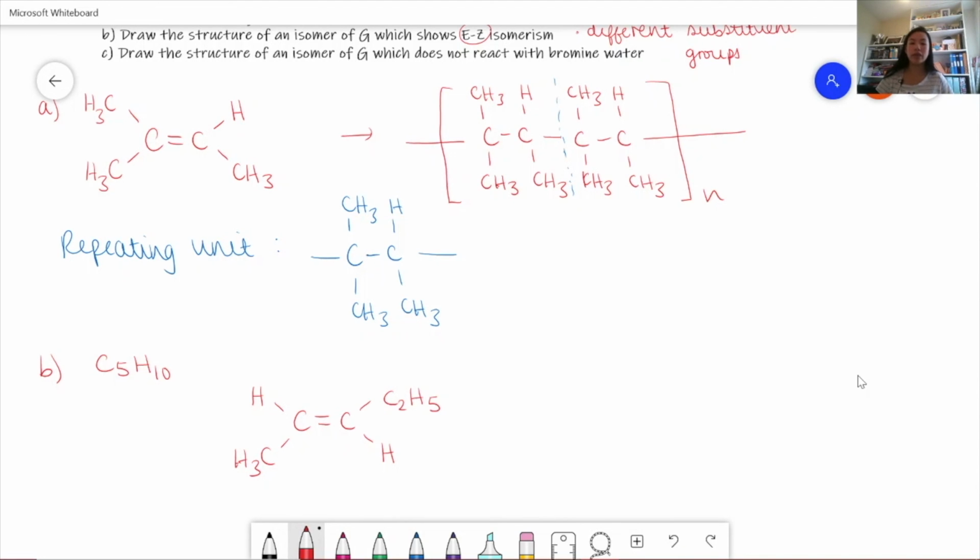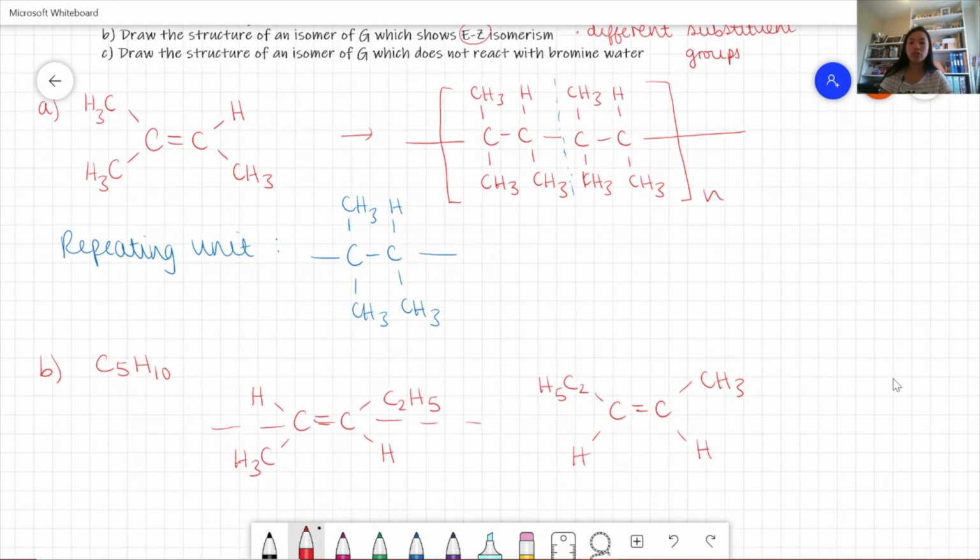So the way I've drawn it here will be the E isomer, because if we divide it in the middle, then the 2 substituent groups are on opposite sides, whereas if I drew it like this, then this would be the Z isomer.